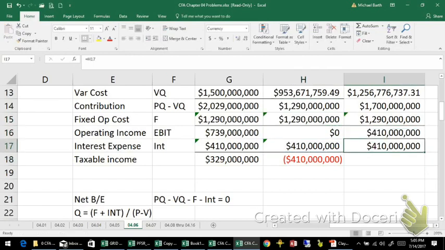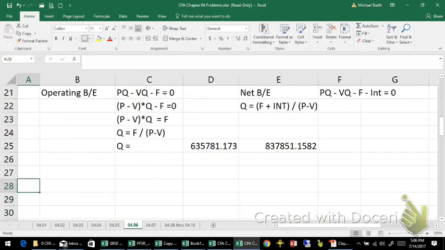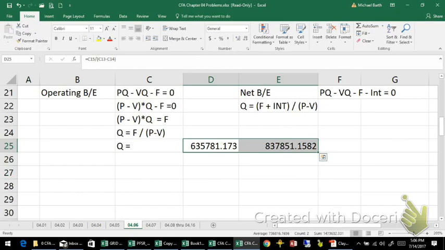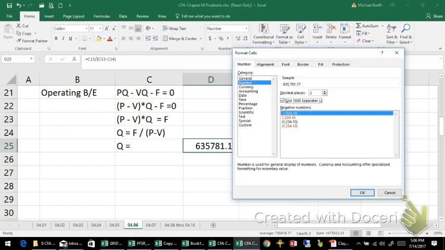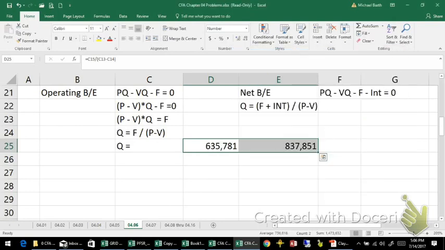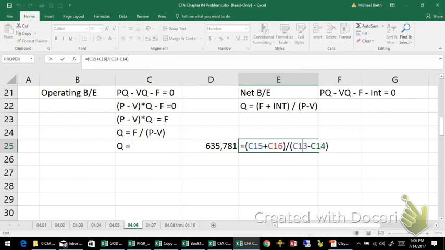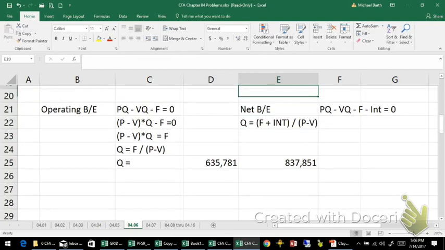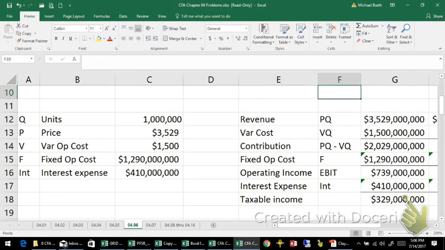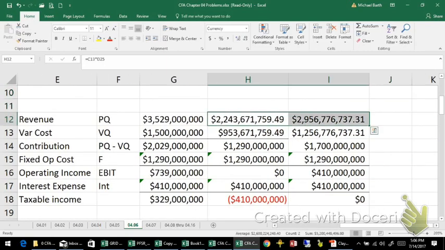I subtract the 410 million of interest and I'll break even. So the units would be 635,000 units to break even with respect to operating income, and 837,000 to break even with respect to total net income. All right, so those are my two answers there.